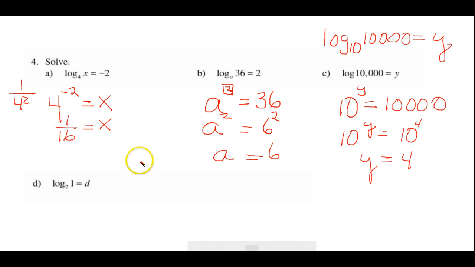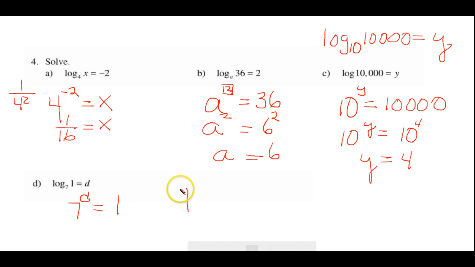Okay, we have one more to do, and I think we can leave this here. We have base 7 to the d power that equals 1. So what did we say is 1 to any power? That's tricky here. So we have to get 1 into the form of 7 here. So let me write it over here.